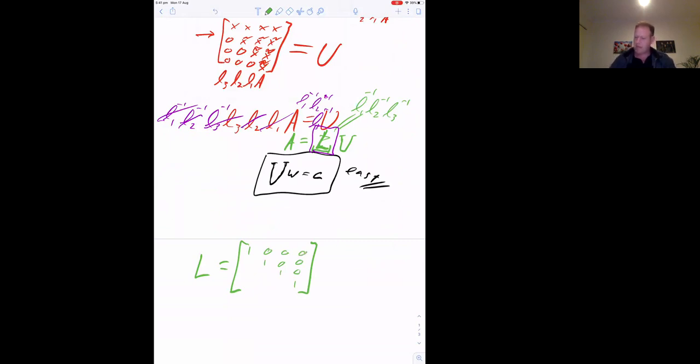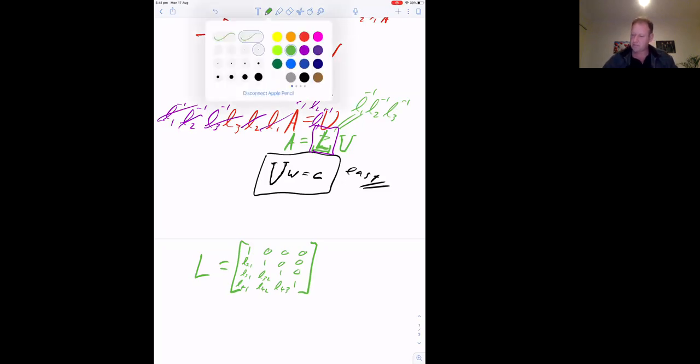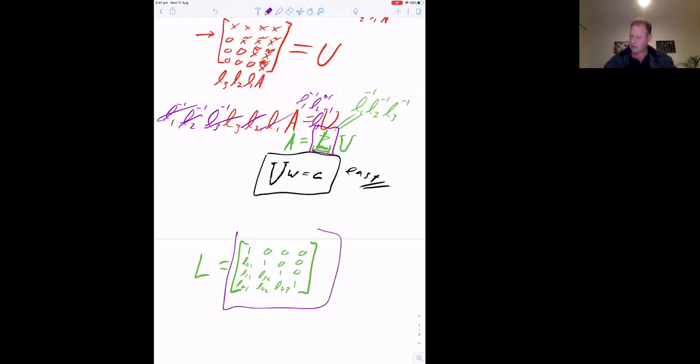And the entries which we have here are going to be the scalars L21, L31, L41, L32, L42, L43. So that's actually the matrix L. This is how you get the matrix L. We'll see that in a second in Julia.